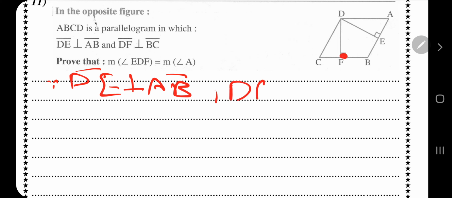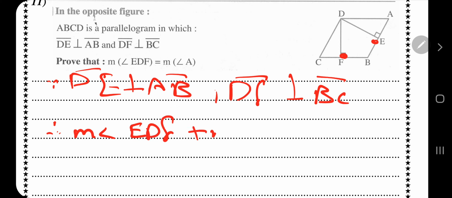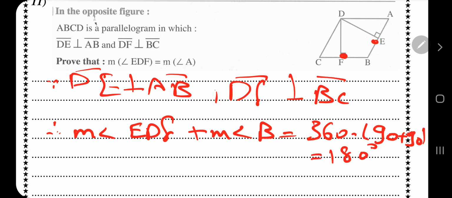Since DE is perpendicular to AB, that means the measure of this angle is 90, and DF is perpendicular to BC, this angle is 90, so the measure of angle EDF plus measure of angle B equals 360 minus 90 plus 90, which is equal 180.